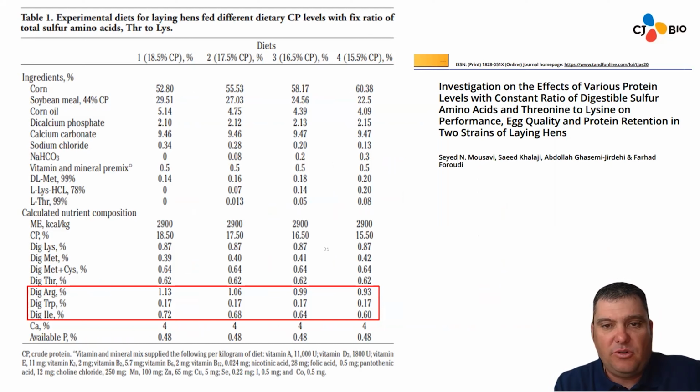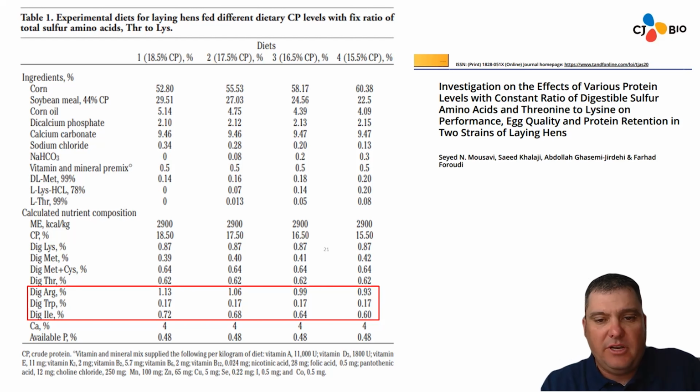And in diets 3 and 4, these 3 amino acids are below breeder recommendations. Thus, the reason responsible for the reduction in protein. If we would have utilized synthetic amino acids to increase the digestible ratios of these amino acids, there's a good chance, more likely than not, that those birds would have performed equivalent to the control.